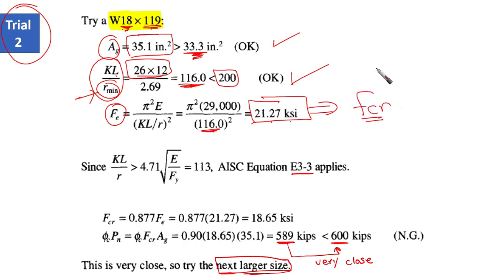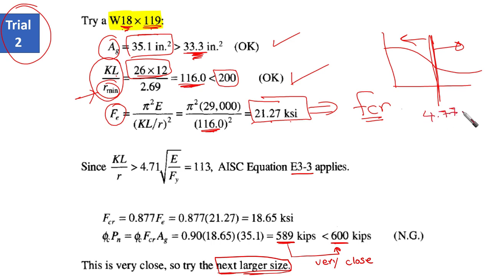But now we want to know whether our equation is elastic buckling or inelastic buckling. So we want to obtain this limit, which is 4.71 square root of E over F yield. This is the slenderness ratio on the horizontal axis, as I explained two lectures before.